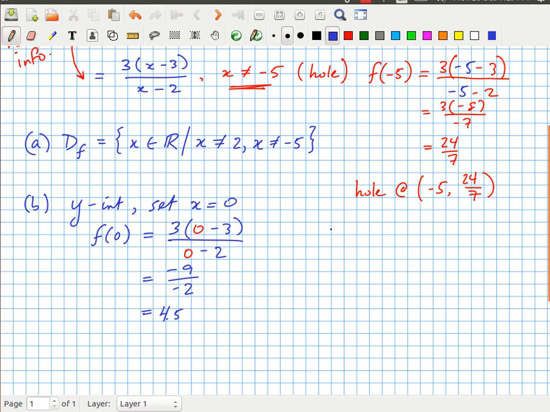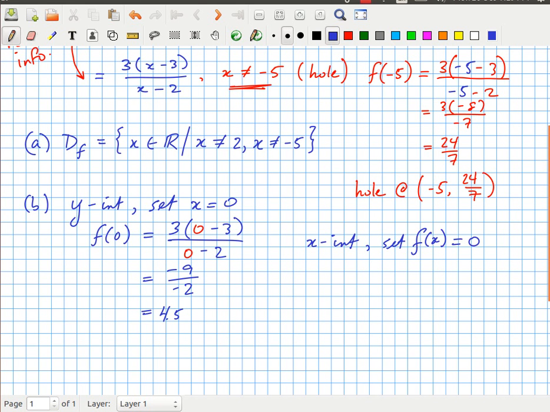What about the x-intercepts? I'll do that over here to the side. For the x-intercept, I set y equal to 0. This is going to be a little bit more involved. Because I've got function notation, setting y equal to 0 is the same thing as setting f of x equal to 0.